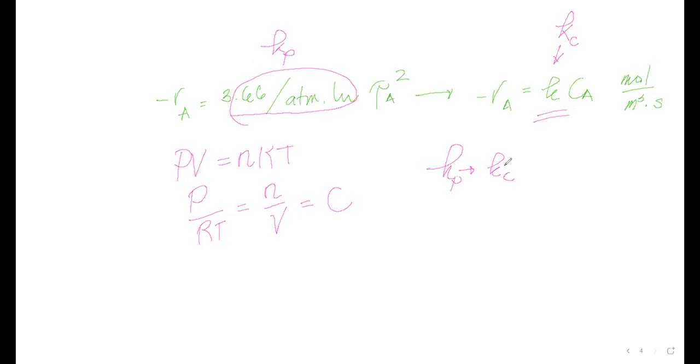Anyone? I'm sure somebody may have an idea. How will you convert from the K sub P that you have originally, which is 3.66, to K sub C in here? It will have a new numerical value and a new set of units because this time you're dealing with concentration.